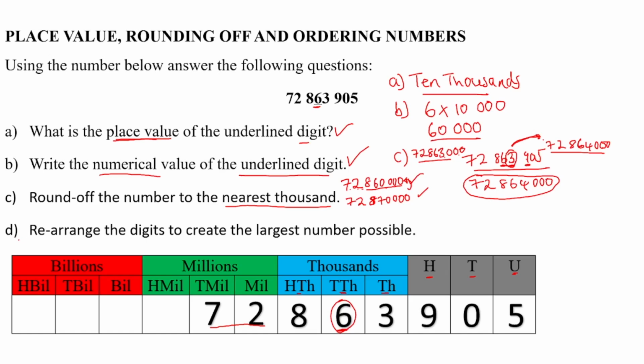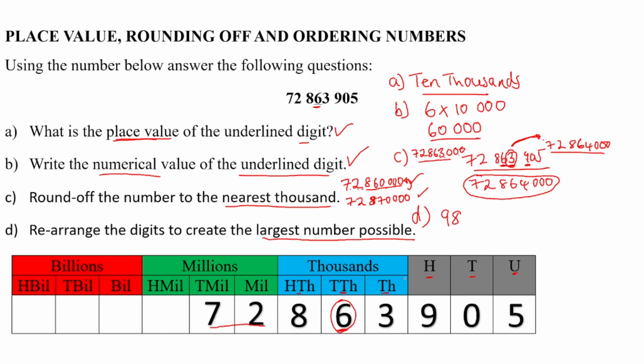And then D, rearrange these digits to create the largest number possible. Basically, you have to understand that for us to get the largest number possible from these digits, we have to arrange these numbers in a descending order. We start with the largest one and then end with the smallest one. So the largest here is 9, then followed by 8, right?